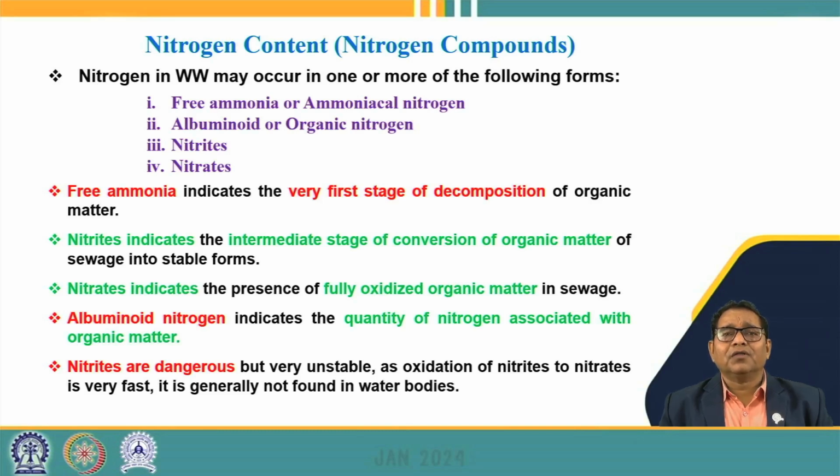Now, if we talk about the albuminoid or organic nitrogen, this indicates the total amount of nitrogen content present in the organic form, whereas nitrite is mostly not observed in the wastewater sample because this is the intermediate stage of oxidation of nitrogen, that is organic nitrogen or free ammonia depending upon its oxidation process, and that gets immediately converted into the nitrate form. So nitrite normally is not found in the wastewater.